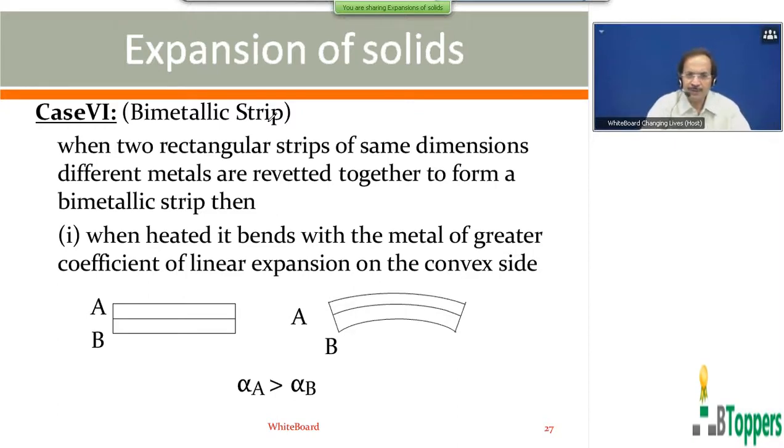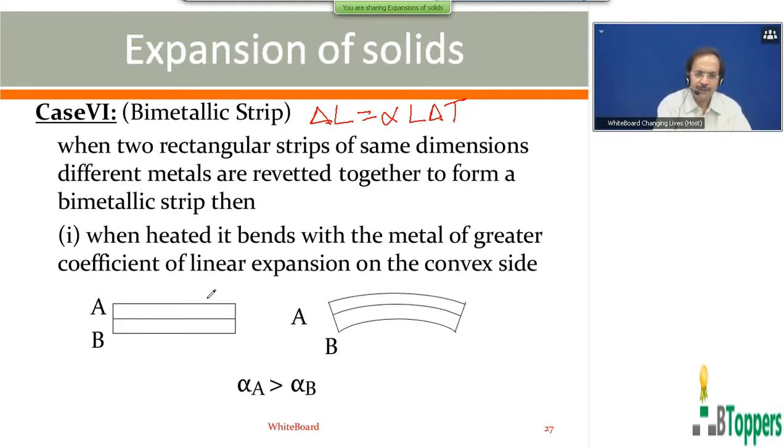So when the bimetallic strip is heated, when both the strips have the same dimensions, the change in length will be larger for the metal which has the greater coefficient of linear expansion. The change in the length of a uniform rectangular metallic rod with temperature change is given by delta L equals alpha into L into delta T.